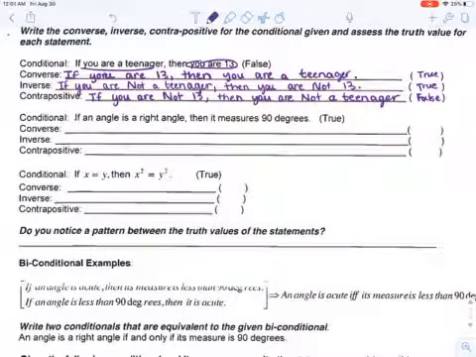So we get to our next conditional statement. If an angle is a right angle, then it measures 90 degrees. That's a true statement. We're going to write the converse. We're going to flip our hypothesis and our conclusion.